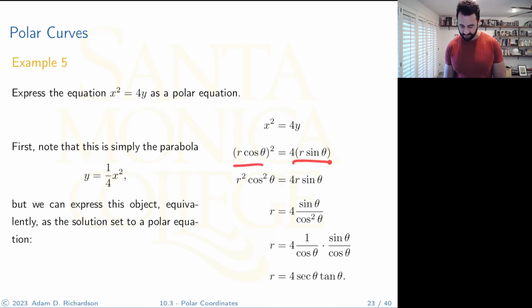Here's the substitution. I replaced x with r cosine theta, and I replaced y with r sine theta. Then you get this equation here, and then I basically solved for r. I solved for r, divided both sides by cosine squared, and then we get this. So this is a representation of this parabola. I was going to say on the previous slide that this is actually the equation of a parabola.